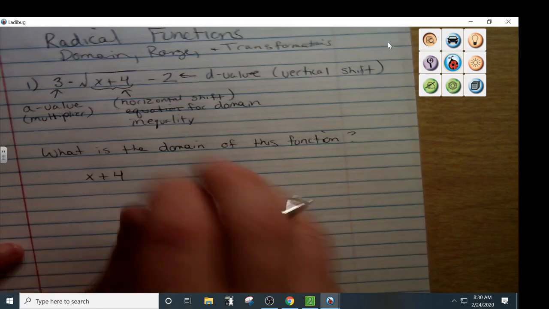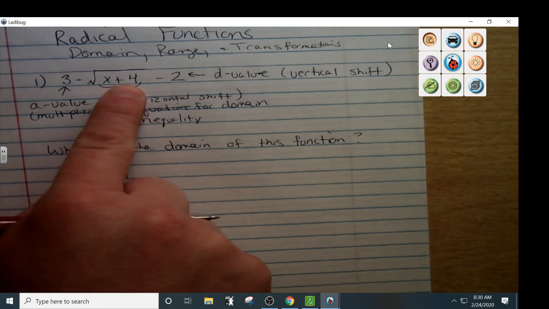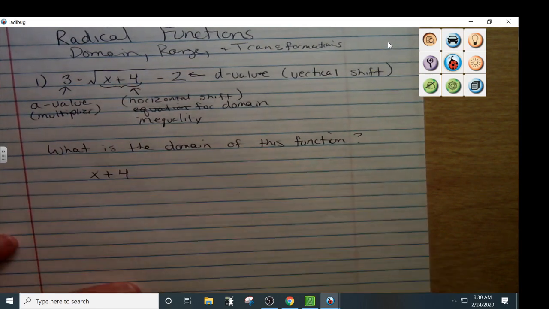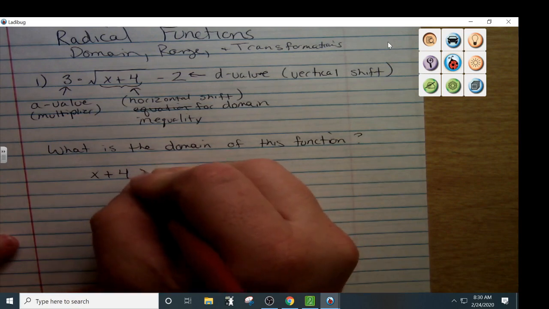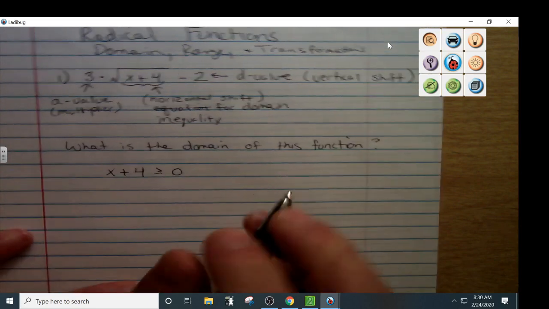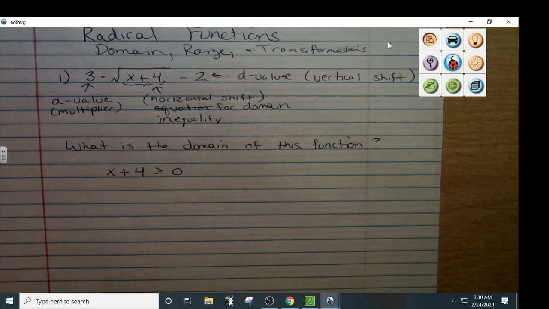All right, now what you're going to do, guys, you're going to take what's underneath the radical, and remember, it's got to be greater than or equal to zero. It can be zero, but it's got to be greater than or equal to zero.